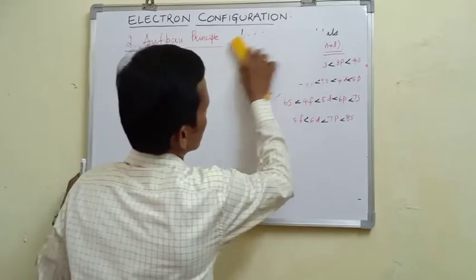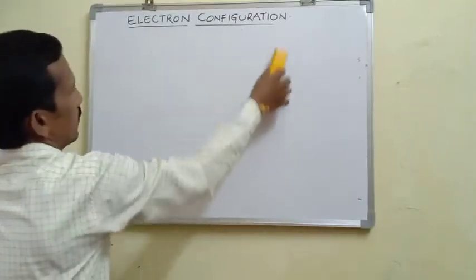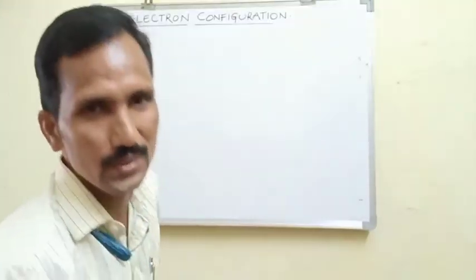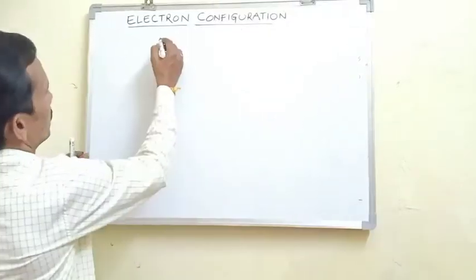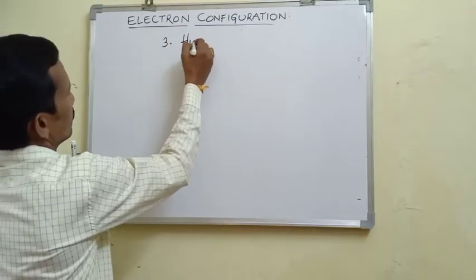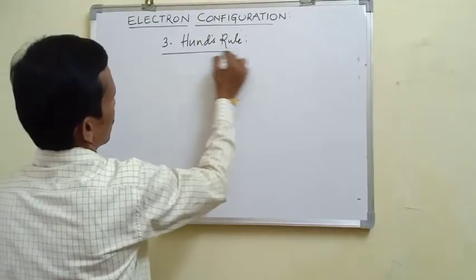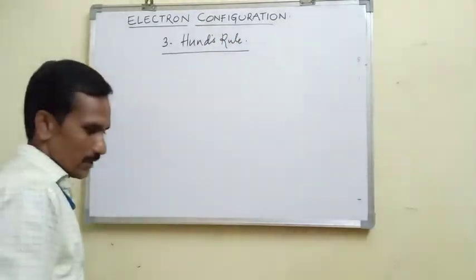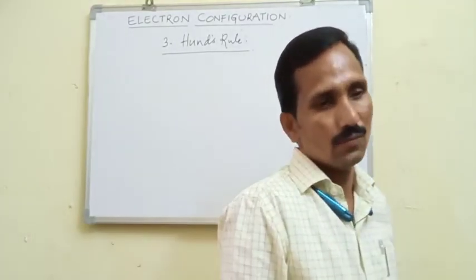This is the Aufbau chart. It tells about the n plus l value in increasing order. It is very simple. Now the third one is Hund's rule. Hund's rule relates to the magnetic quantum number. What do we learn in the magnetic quantum number?